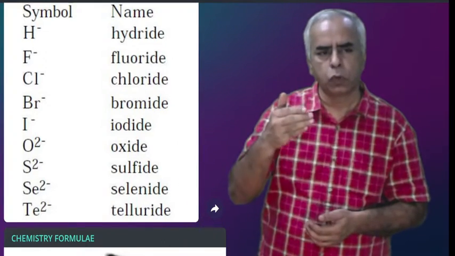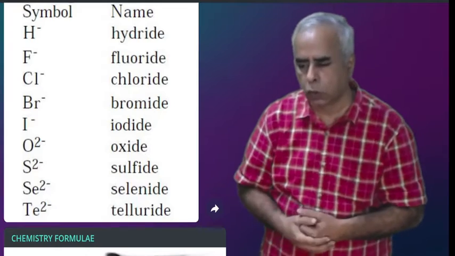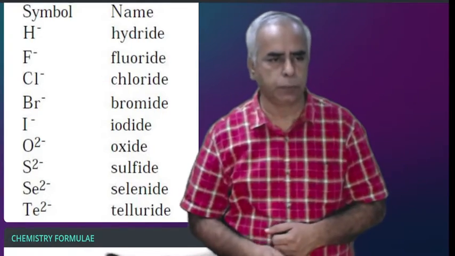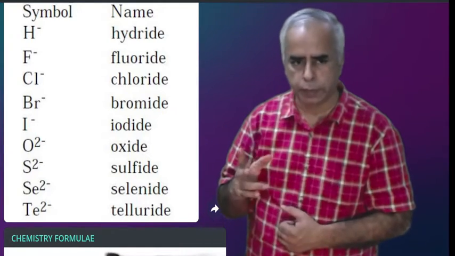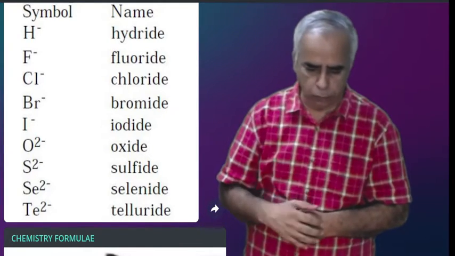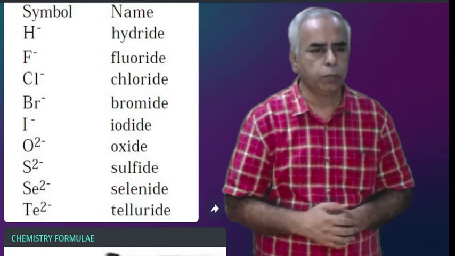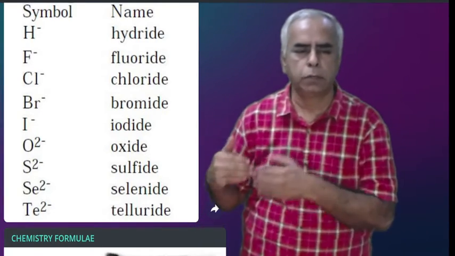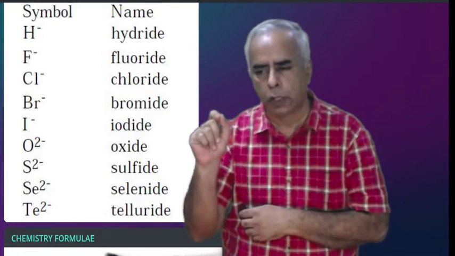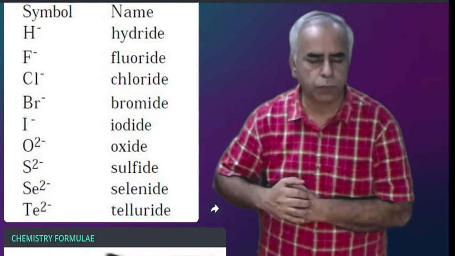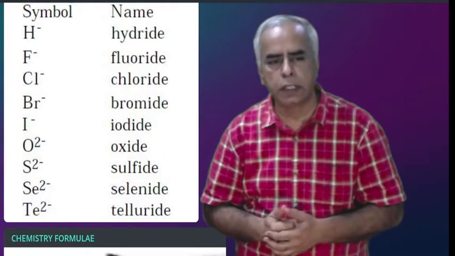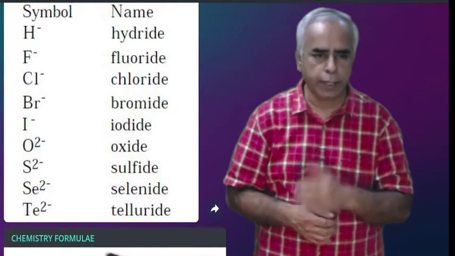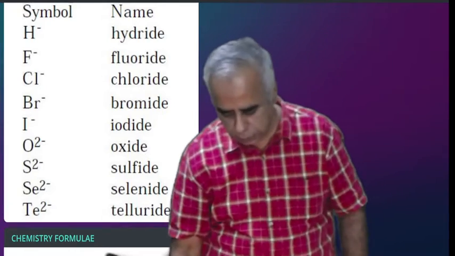Fluorine, chlorine, bromine and iodine are called halogens, and the respective anions are called halides. Then oxide, O2 minus, is a divalent anion. S2 minus is sulfide; in American English they use F, in British English we use PH instead of F for sulfur. Then selenide, Se2 minus, and telluride, Te2 minus.